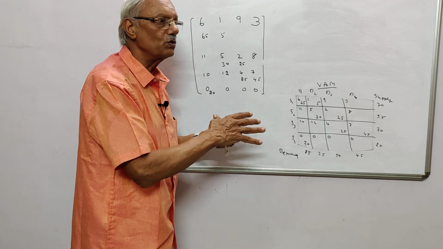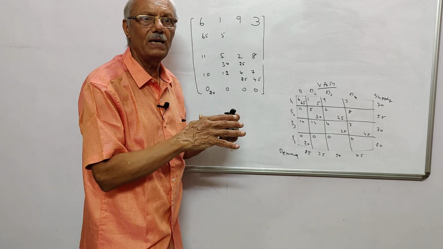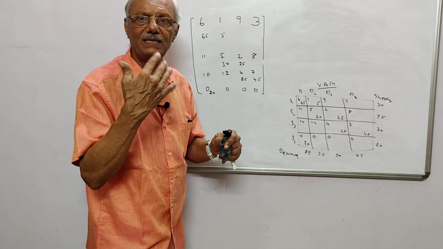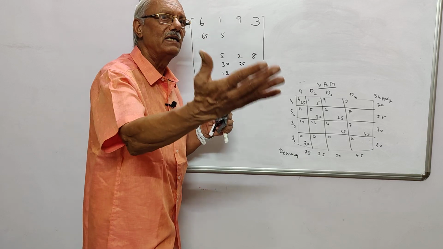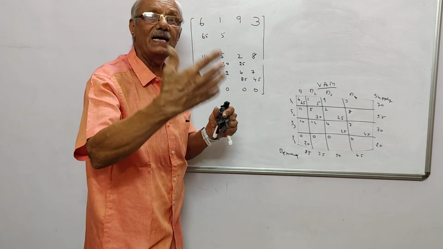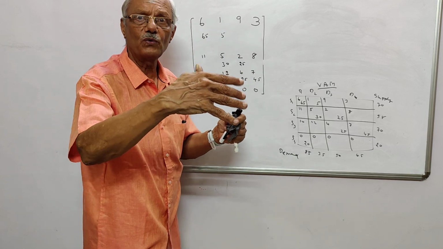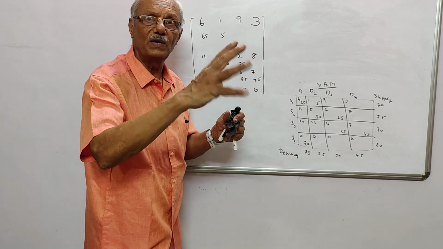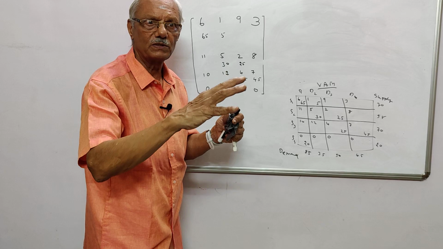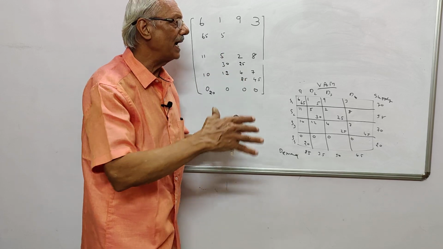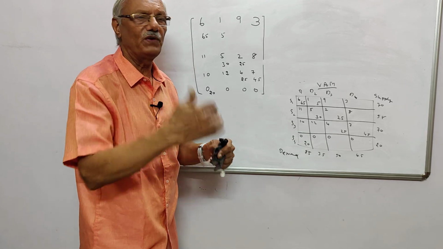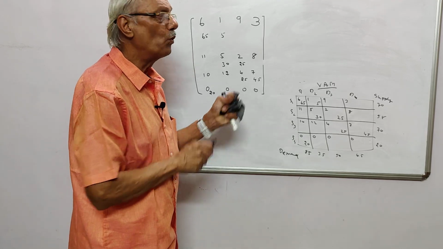This is also a linear programming problem only, but here the treatment is slightly different, because we cannot give the same treatment as we have given for a linear programming problem. Here I am going to tackle it in a different way, and this method is called the MODI method.